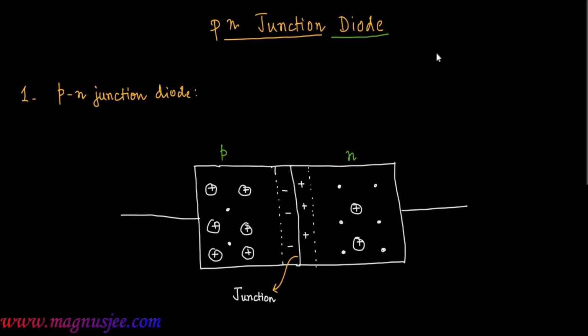An accumulation of immobile ions will set up an electric field or potential difference, like a battery having EMF VB, which opposes the further diffusion of majority charge carriers. So this is a diagram of the PN junction diode.